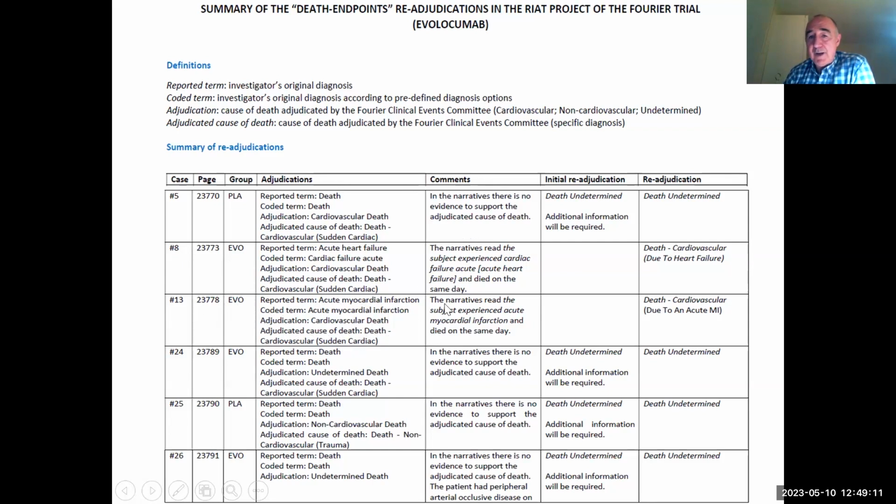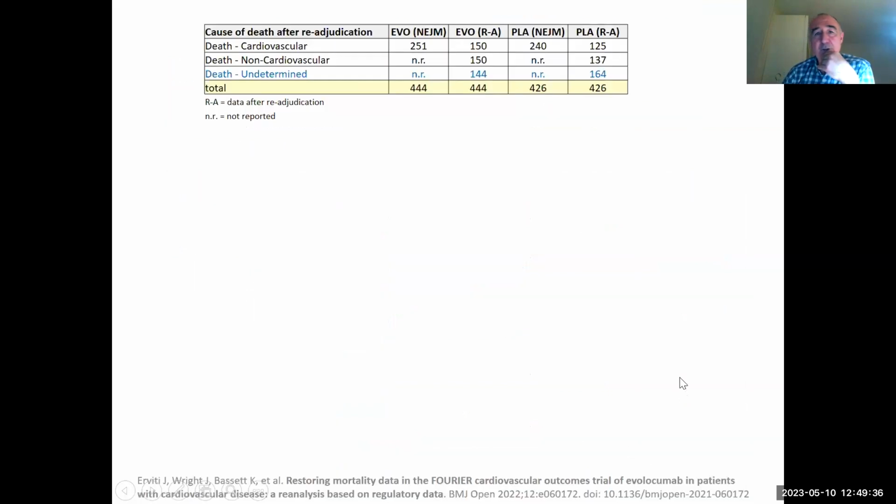Our comments were that the narratives read that the subject experienced acute myocardial infarction and died on the same day. And then we re-adjudicated this case as death cardiovascular due to an acute myocardial infarction. So everybody can read this, go through the clinical study report, and double check this information.